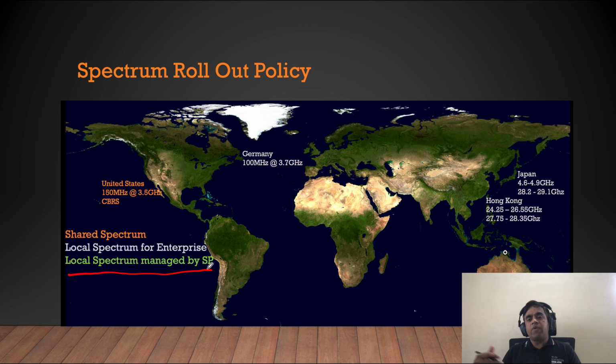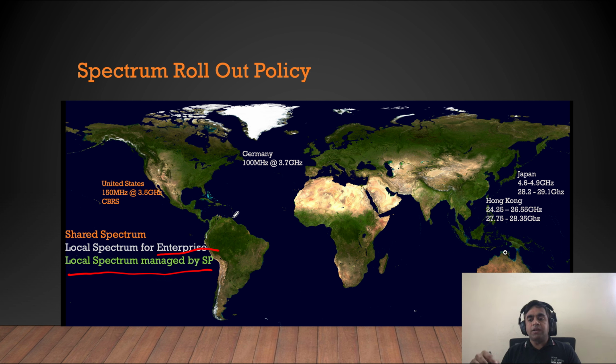But with 5G, what we are seeing is that large enterprises are directly getting some range of spectrum for their private consumption from the government by paying a nominal fee.